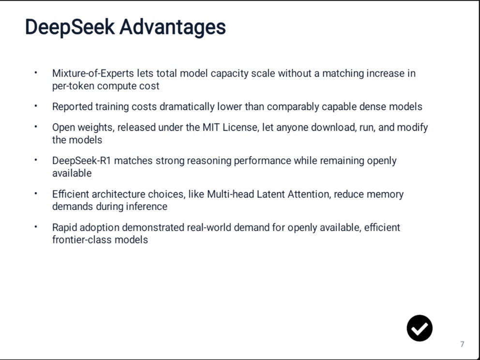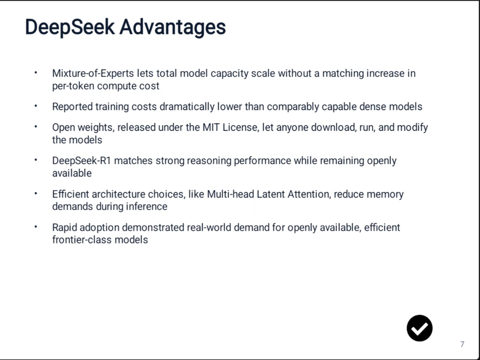DeepSeek advantages: mixture of experts lets total model capacity scale without a matching increase in per token compute cost. Reported training costs are dramatically lower than comparably capable dense models. Open weights released under the MIT license let anyone download, run, and modify the models.